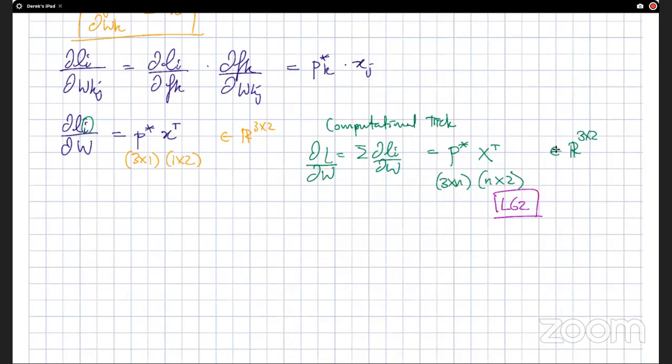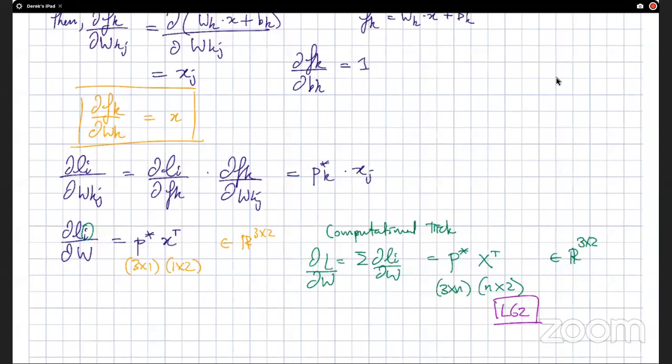But it's much nicer to do it this way because you don't have to keep track of what's going on. Okay. Any questions? Cool. Okay, easy. Easy peasy.